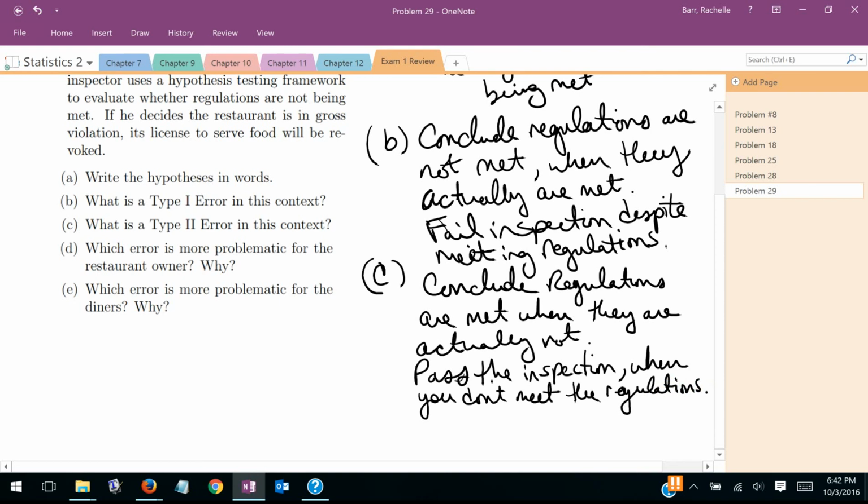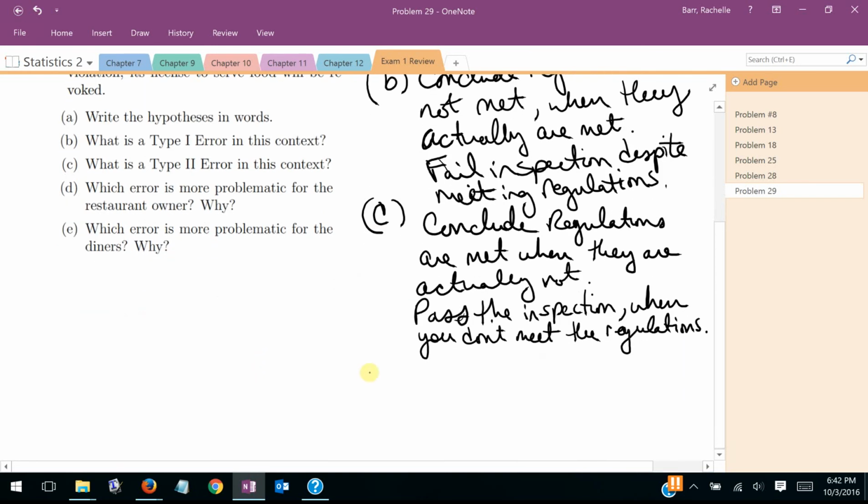Okay, so on to D. This is kind of fun. If you're somebody who owns a restaurant, you want to pass inspection and you want to be able to continue to operate and look good. So here, a failed inspection is what you want to avoid.